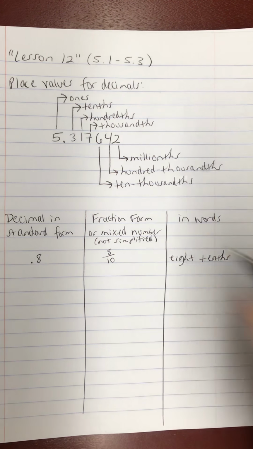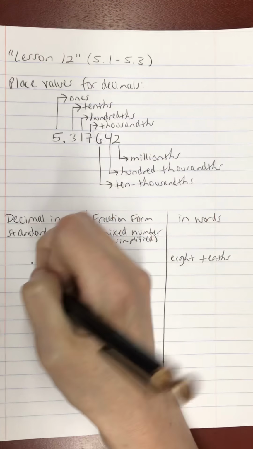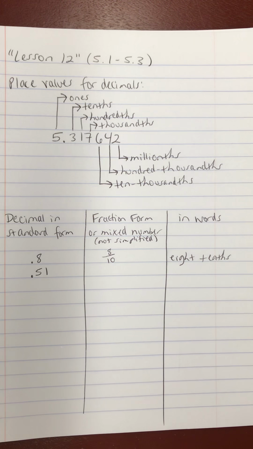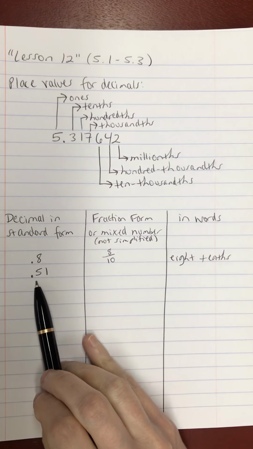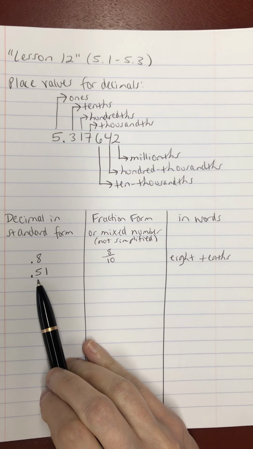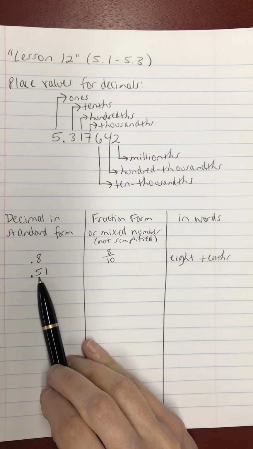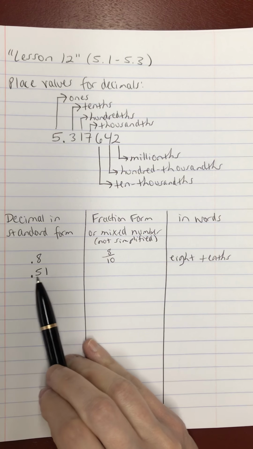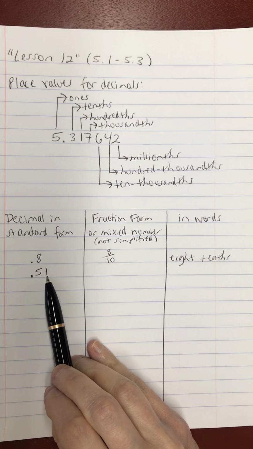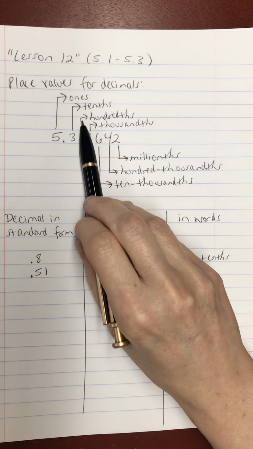Okay, so then the next one, 0.51. They could give you something like this, 0.51. There's your decimal, and they may ask you for that as a fraction or mixed number. Well, this one, again, you want to ask yourself, how many decimal places do you go in this number? Well, we go 2 decimal places, and so that means we go all the way to the hundredths place, right?